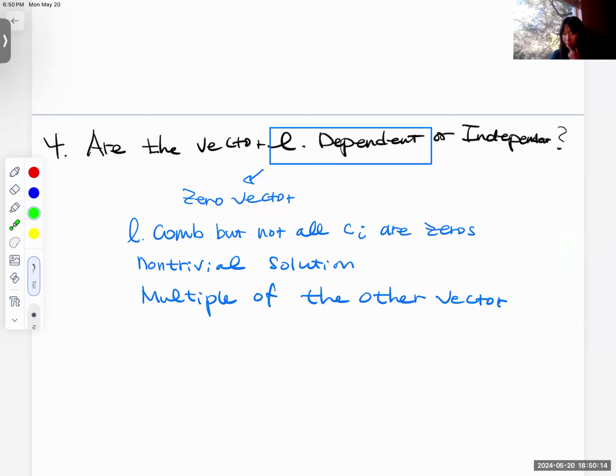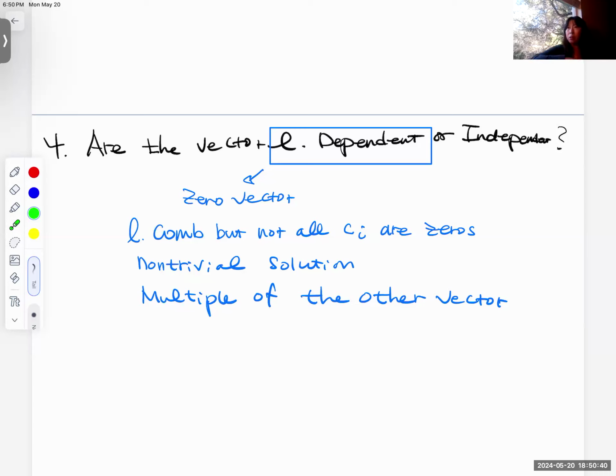And we set up the other side as 0, 0, 0, but then with a non-trivial solution, we can have a unique solution or infinitely many solutions, right? So we have to set up this way. And a multiple of the other vectors is similar to the linear combination expression, right?